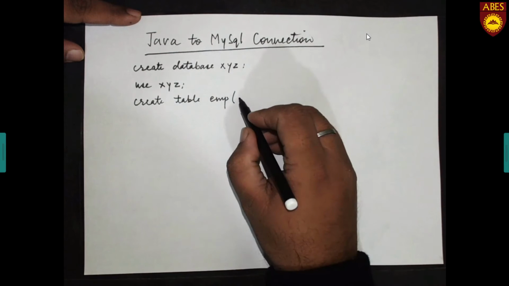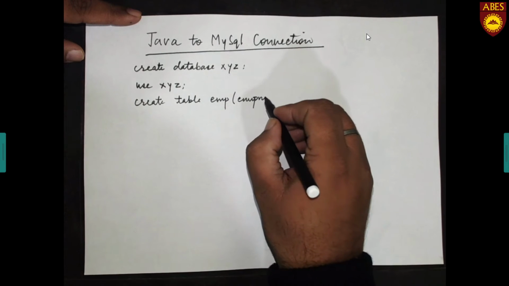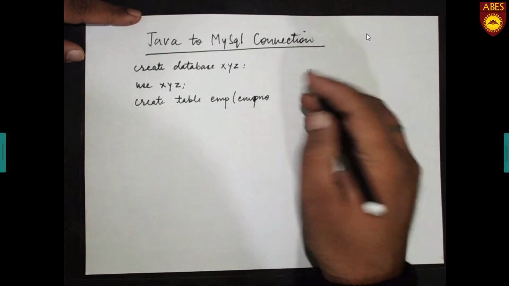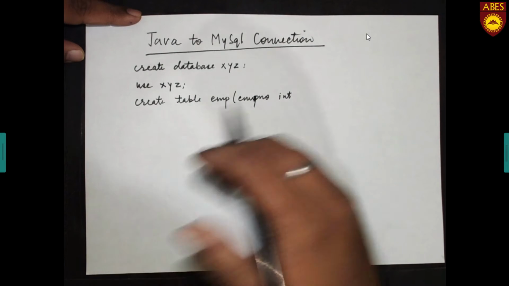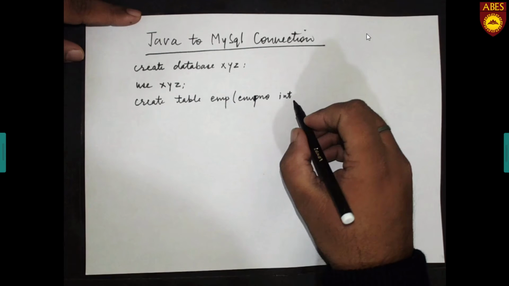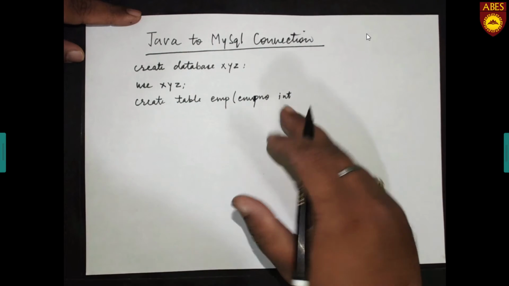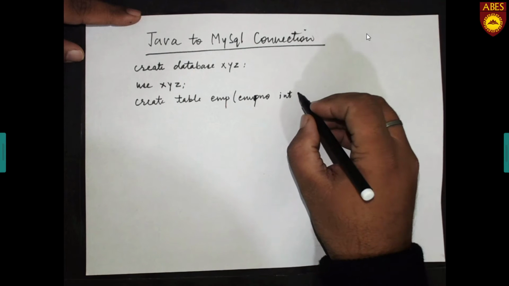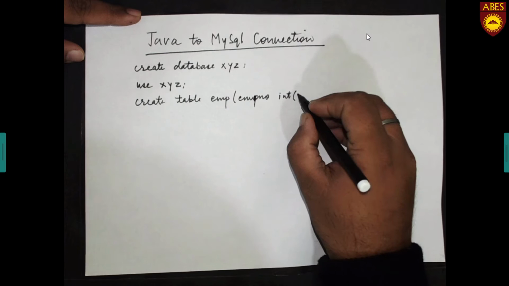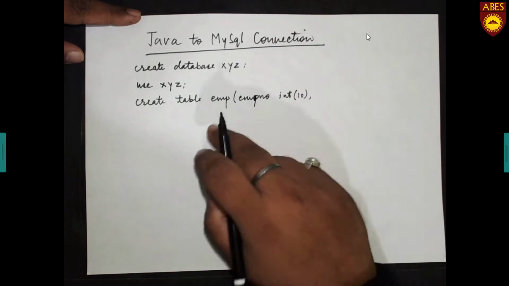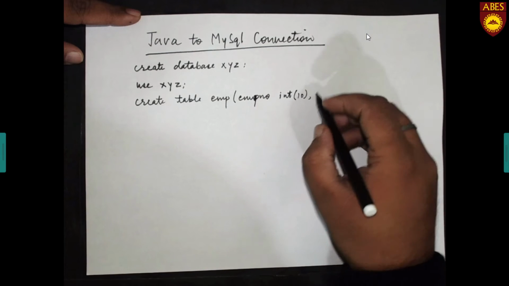and suppose the fields are employee number, and if the number is of integer type, then in MySQL we use int for the integer type, and the size of the data type, so int 10.